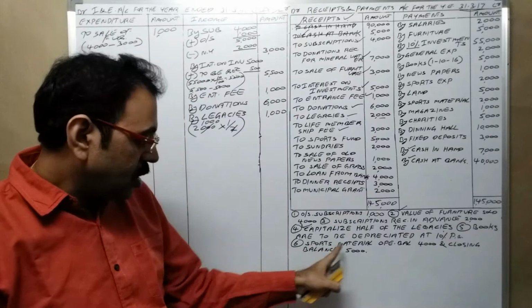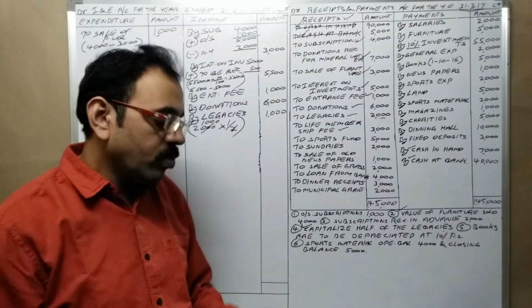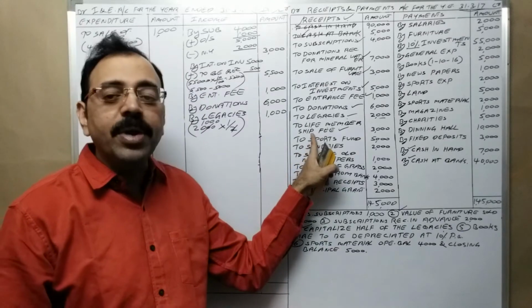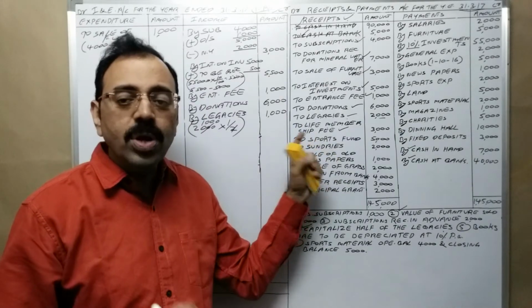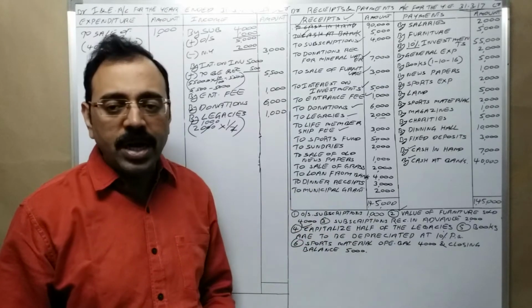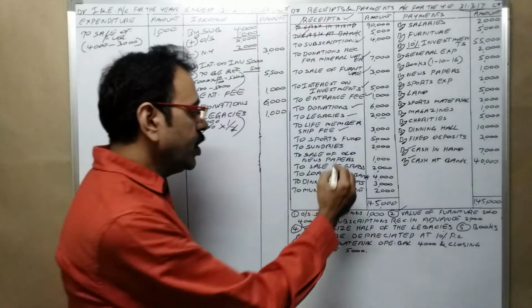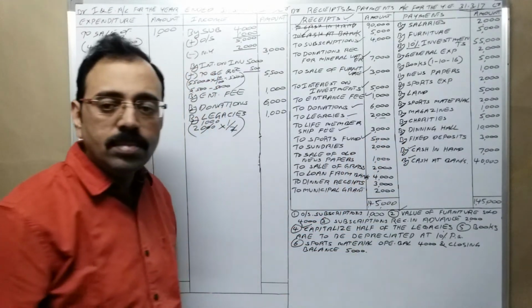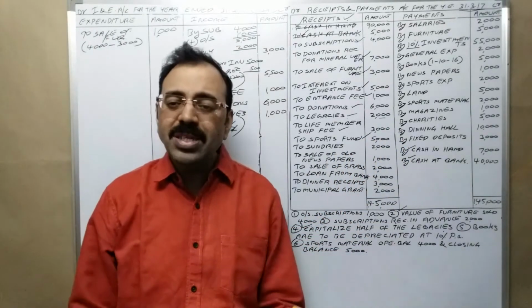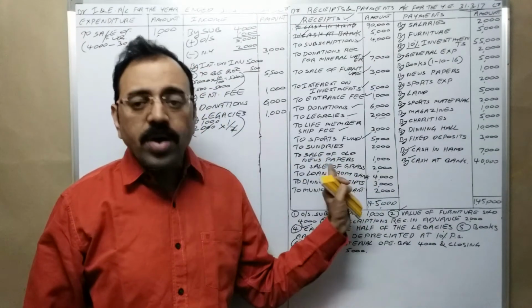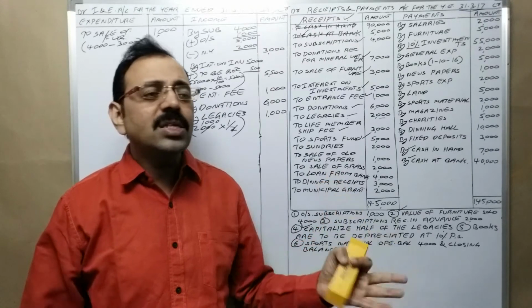Let us see the instruction. No, nothing is given. So life membership fee is a capital income. Therefore, ignore it here. Where does it appear? Balance sheet liability side. The next one is sports fund. Fund means what? Some savings amount. Since it is a non-trading concern, they conduct some sports.